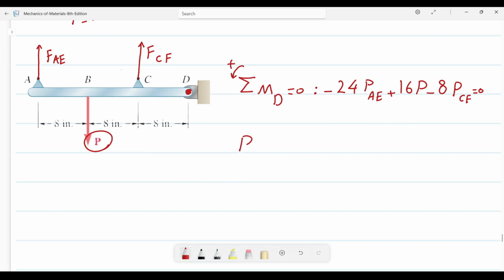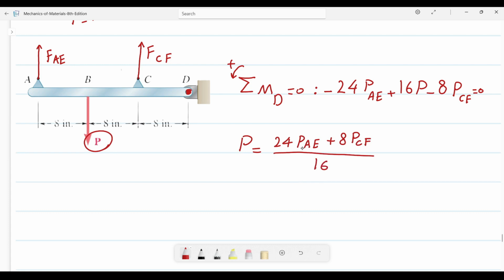It means for P we have 24 PAE plus 8 PCF divided by 16.